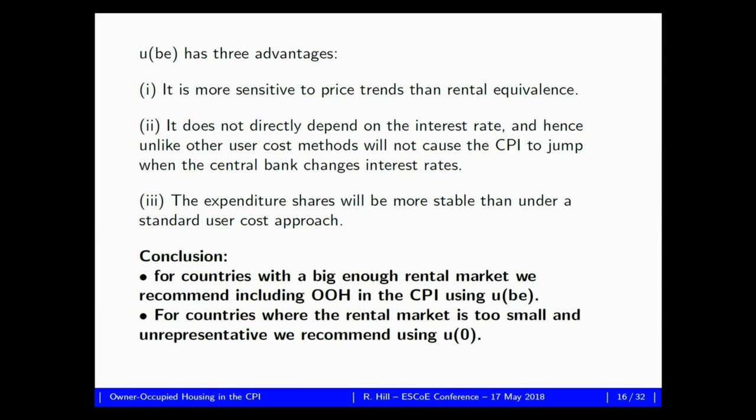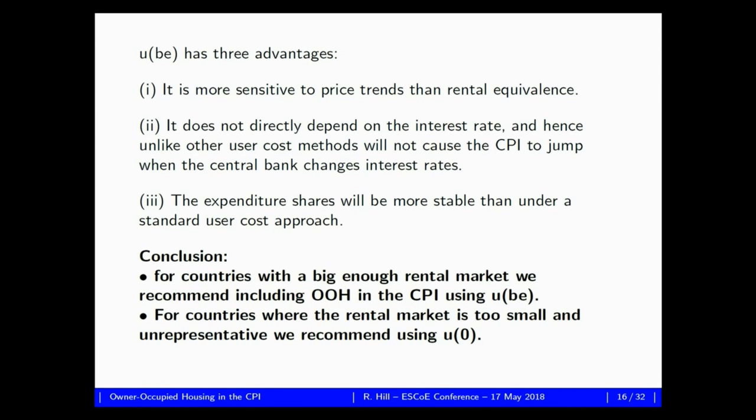But if you do this hybrid method, that avoids that completely, because you use the rental equivalence expenditure shares, and they tend to be slightly more stable than the user cost expenditure shares. The implication is that you'd be saying you expect a high capital gain when the price-rent ratio is high, and a low capital gain when the price-rent ratio is low. That's the implication of this approach.